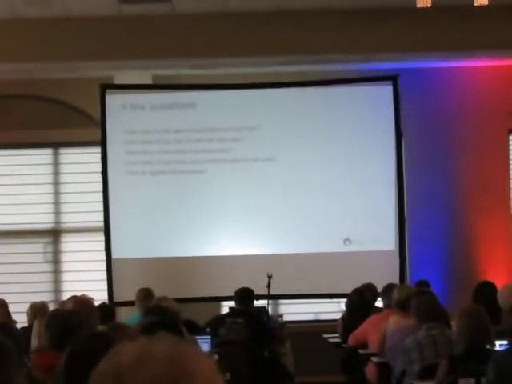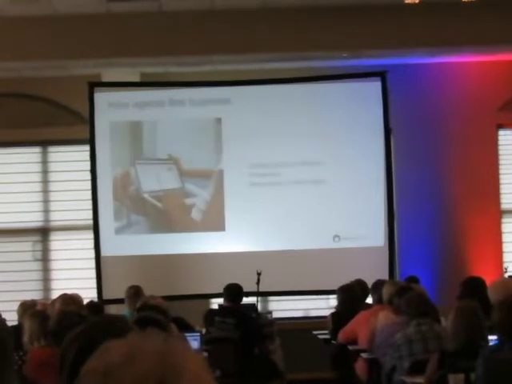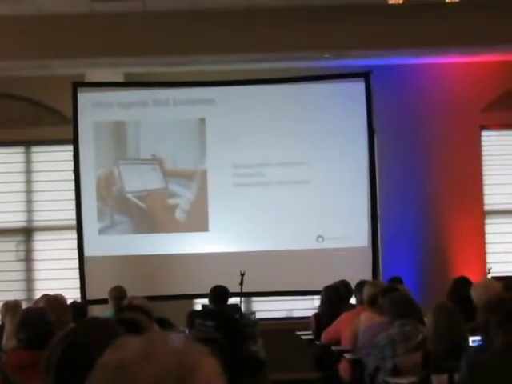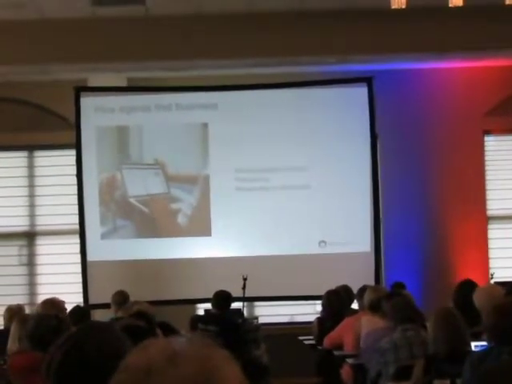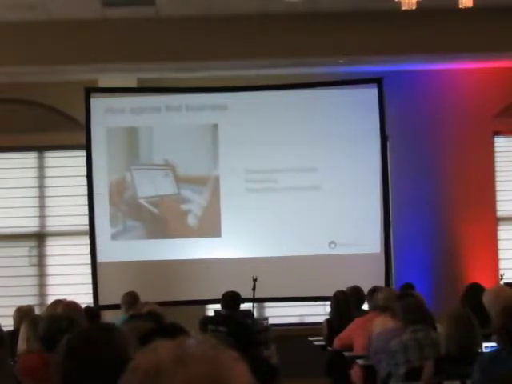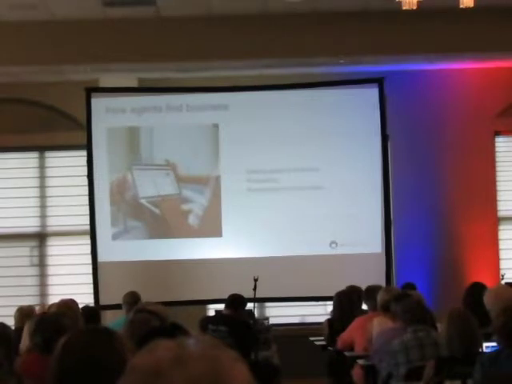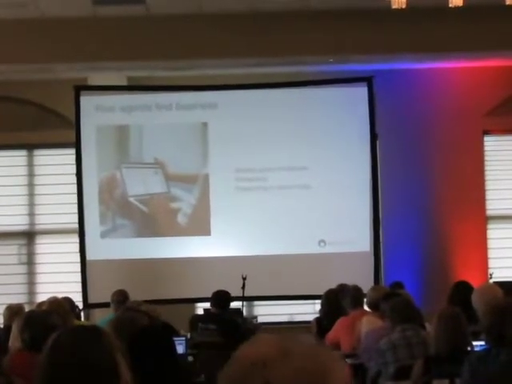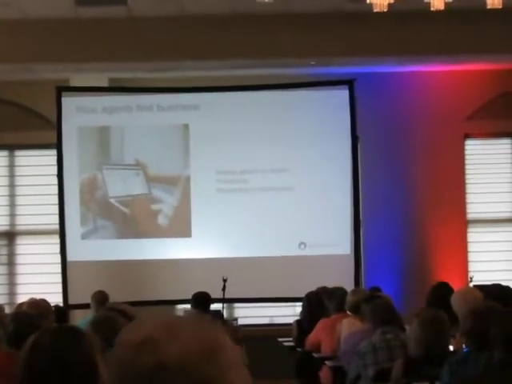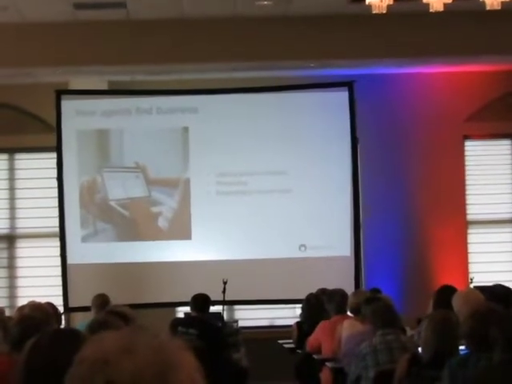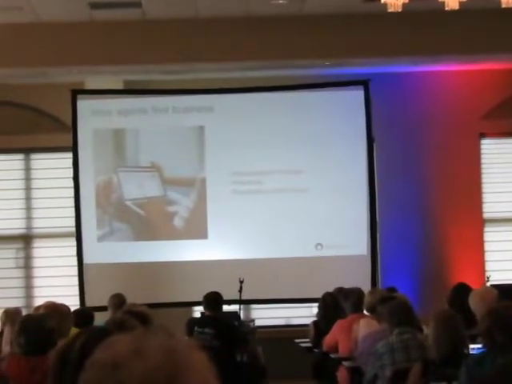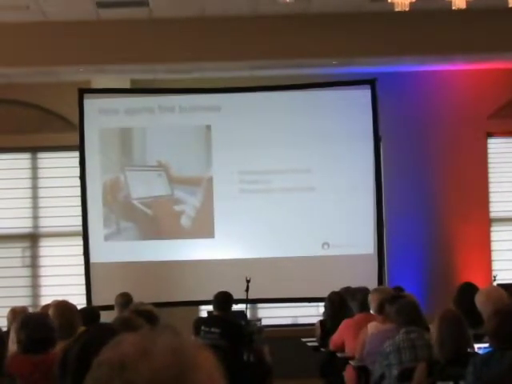Okay, so that was actually rhetorical. The NAR did a study and found out that the three most common ways that we find business are your existing sphere of influence, prospecting, and responding to internet leads. Now, that being said, how much of the time that we spend finding new business do we spend in each of these three sections?